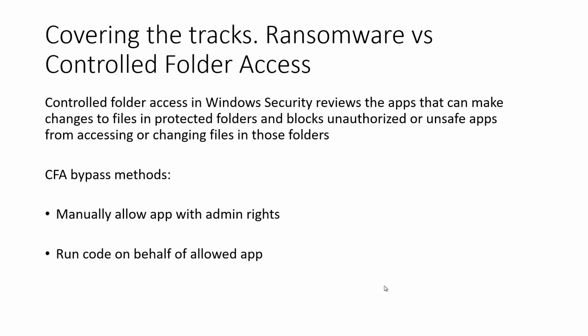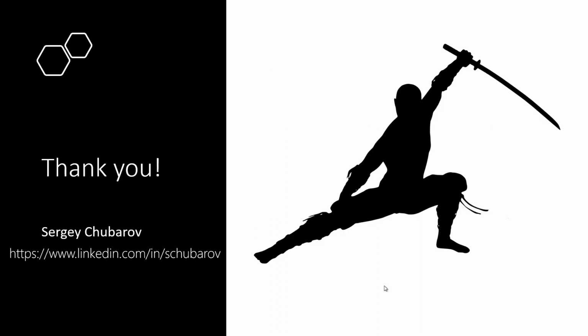So I hope that was informative for you and you learned a bunch of new things. Of course, the goal was not to teach you hacking. The goal is, if you want to run a pen test, to give you some ideas on how you can check your environment and protect it.